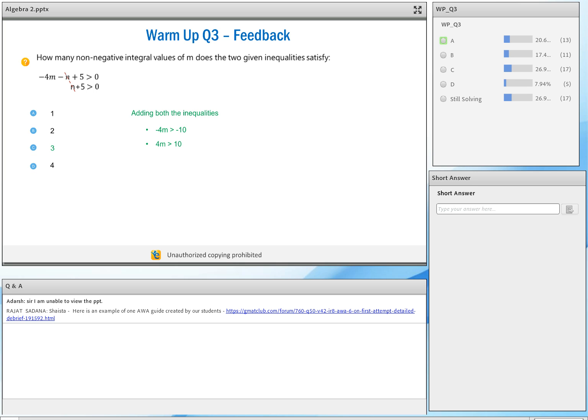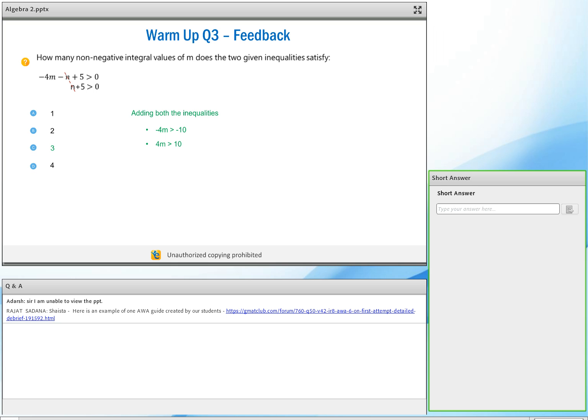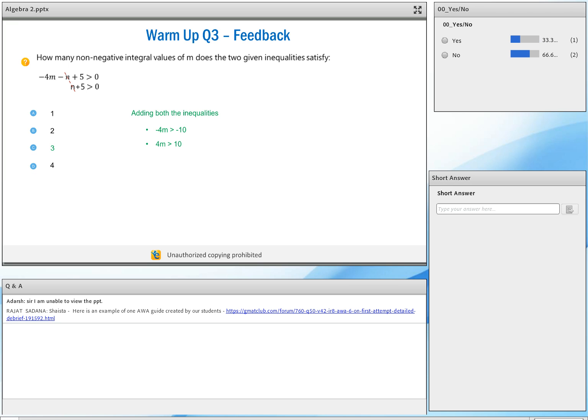Now my question to you is, if minus 4m is greater than minus 10, then can I write it as shown over here, that 4m is greater than 10? Can I cancel out the negative sign from both the sides? No, absolutely not. I cannot do that. Why can I not do that?